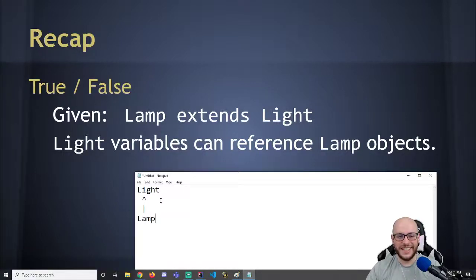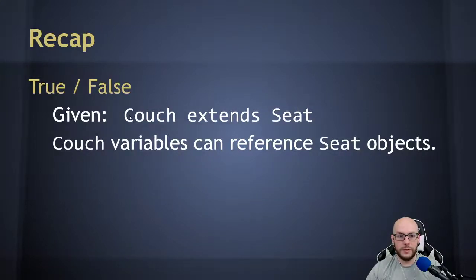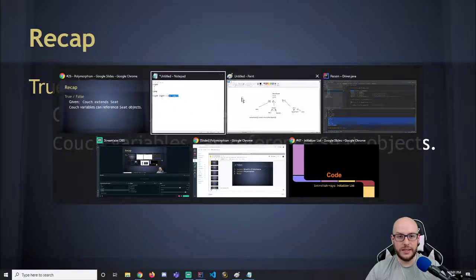Lamp extends light. Can light variables reference lamp objects? Can you do this? The light variable is referencing a lamp object. Yes. What about couch extends seat?